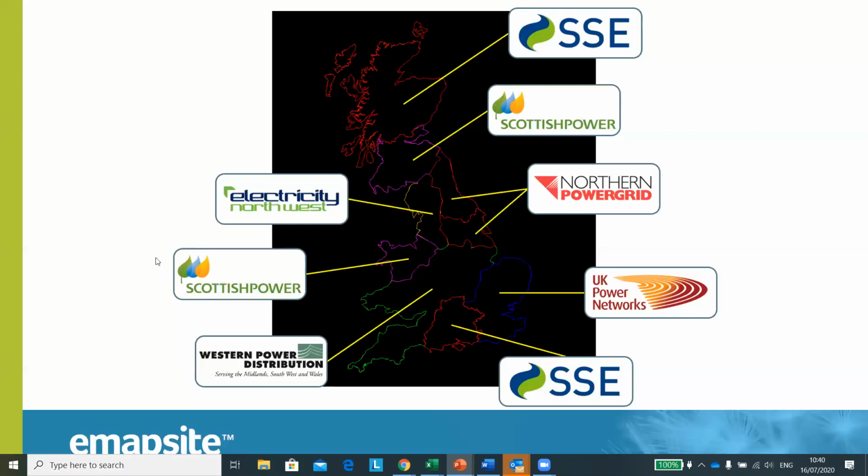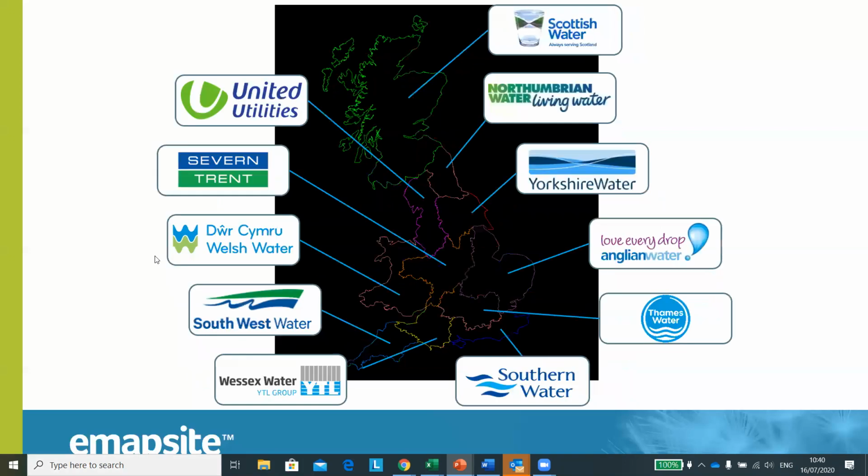Now, moving on from electricity, we have the water and sewer industry for the UK. So water and sewerage provision is handled slightly differently. You'll have a number of companies who are responsible for both water and sewerage, and then a number of smaller companies who will only be responsible for water. So on this side, you can see the water and sewerage suppliers in the UK.